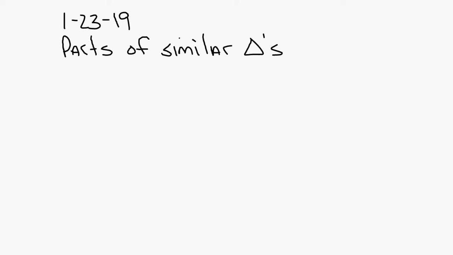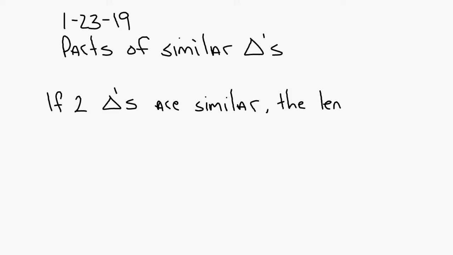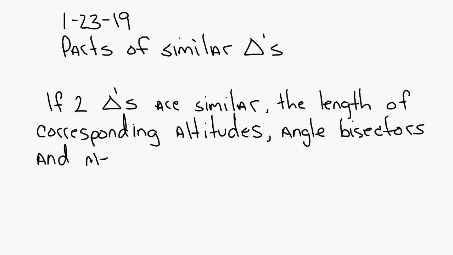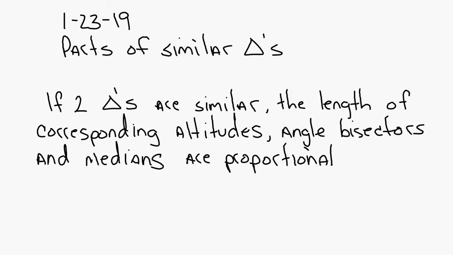So they all start with if 2 triangles are similar, the length of corresponding, we're going to go altitudes, angle bisectors, and medians are proportional to the lengths of corresponding sides.